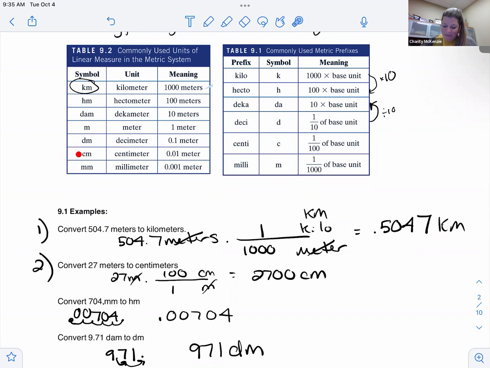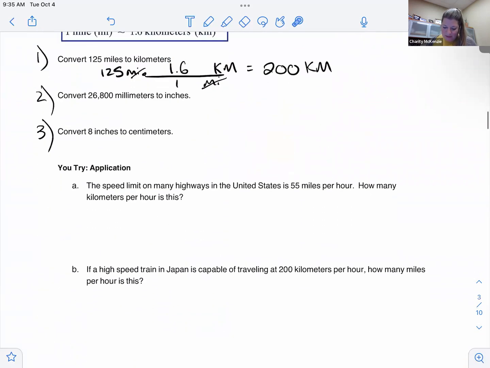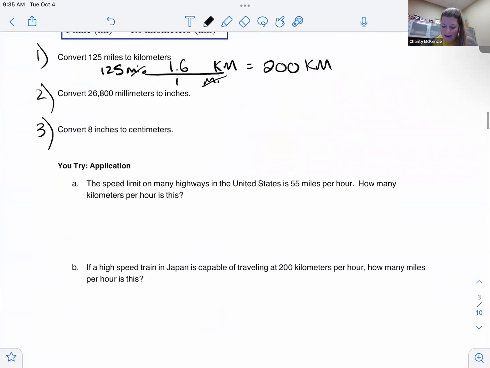So I need to divide by 10. Okay, so I can go a couple ways. I can set it up as 26,800 times, I'm dividing by 10, or there's 10 millimeters in 1 centimeter, because it was the difference of just that 10 millimeters, because the millimeters was below, right?